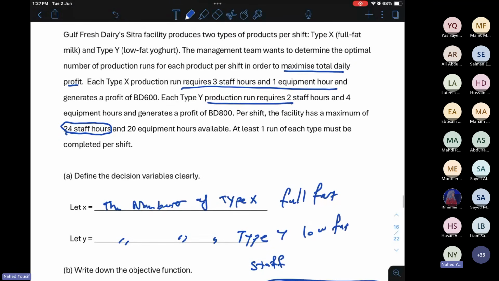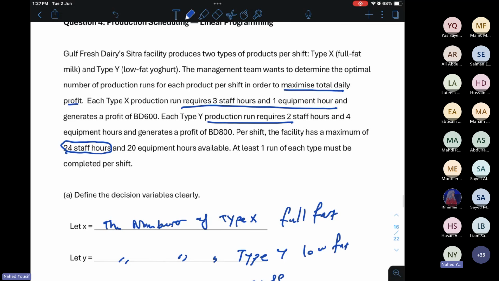At least 1 run of each type must be completed per shift. Usually in our previous exercises they didn't mention this kind of constraint. Here it means each type must be completed at least 1 run per shift.